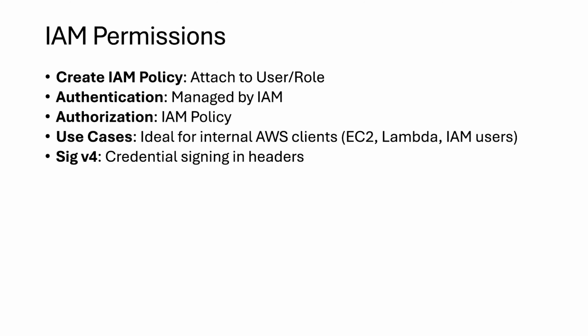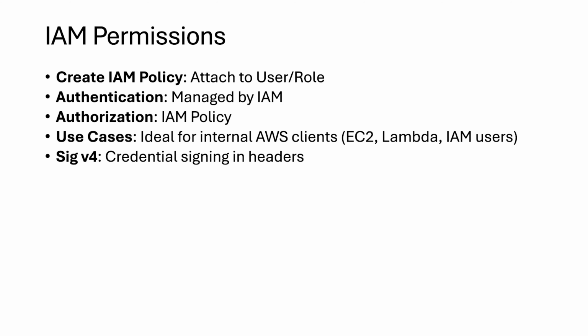From an EC2 instance, a Lambda, or an IAM user, they will include the Signature v4 in the headers of the request, then IAM is able to parse it and understand it, and will give access to the users.